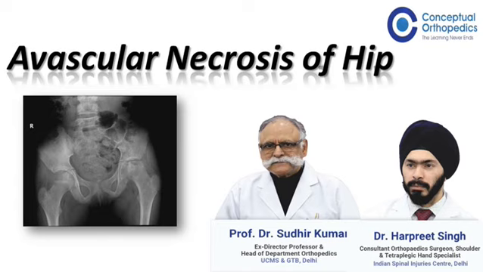Now if a patient presents to you in stage 3, in the early stage the collapse has not yet taken place. There is a definite area of sclerosis, and there is a zone of osteoporosis. So you can possibly revascularize the head by doing a core decompression and then using a vascularized bone graft or a muscle pedicle bone graft.